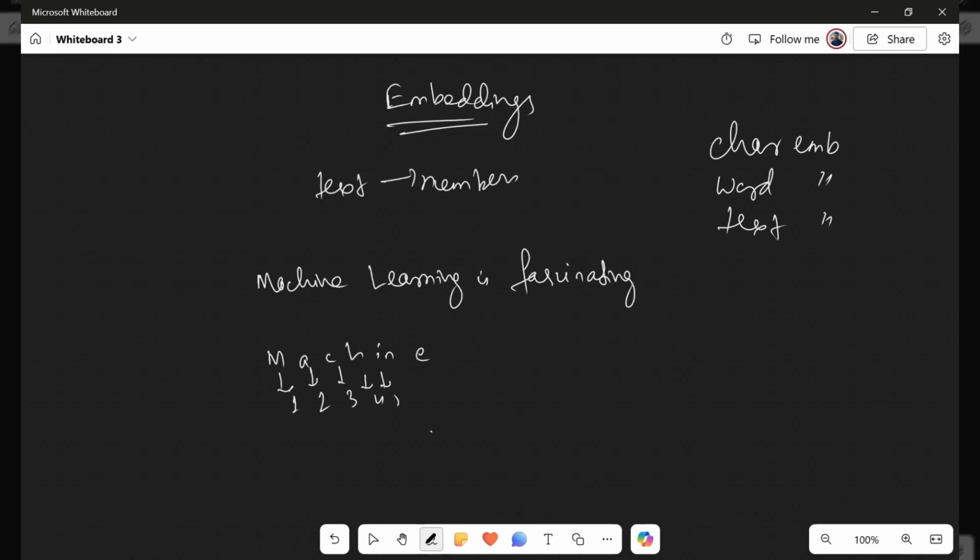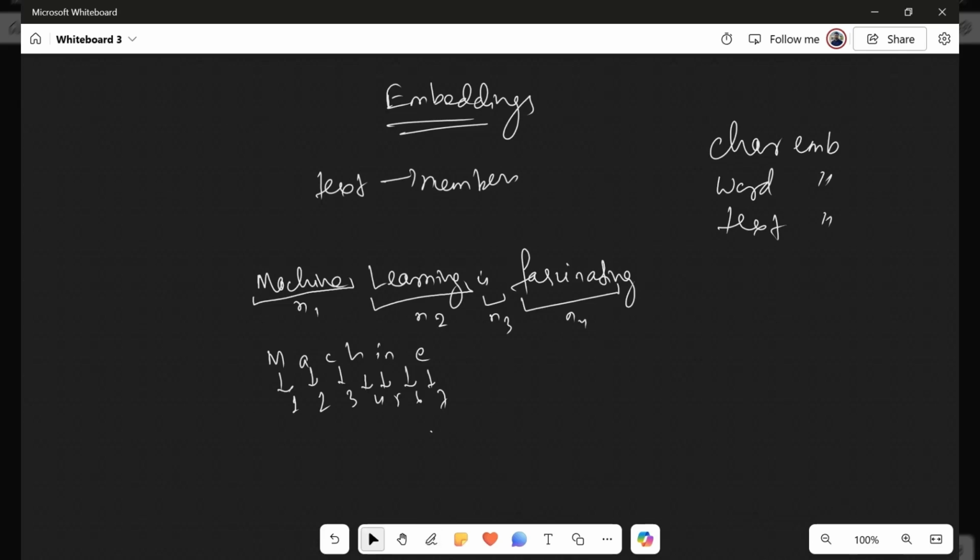Similarly, I will represent each character as one number. But when it comes to word embedding, I will represent the complete word machine as one number. Let me represent that as N1. I will represent learning as one number, is as one number, and fascinating as one number.